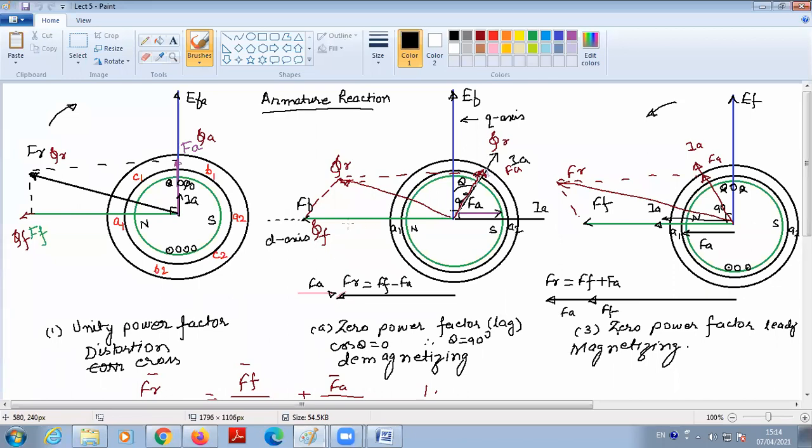It will induce EMF which is lagging by 90 degrees, in the anticlockwise direction, EF. The armature current is lagging by 90 degrees with respect to the excitation EMF EF. So here IA is there, and this will produce the armature reaction MMF FA. So armature reaction MMF FA and field MMF FF are opposite to each other.